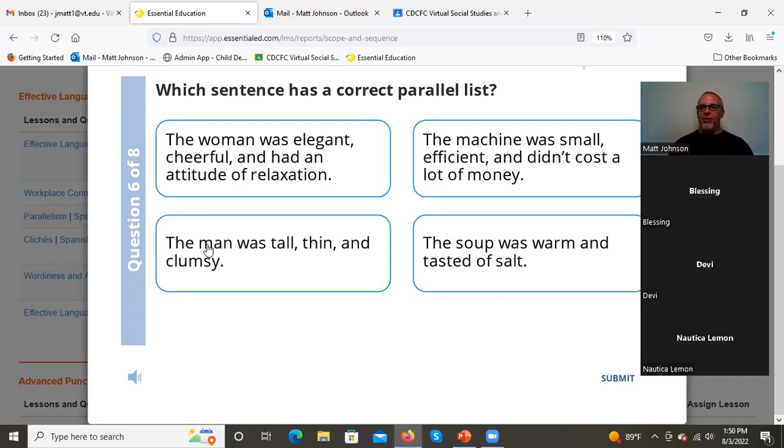Again, we're using a whole phrase when one word will do, like an adjective. The machine was small, efficient, and inexpensive, right? Parallelism, just a single word. So we're matching everything in that list. "The soup was warm and tasted of salt." Well, warm is an adjective, right? So we just say the soup was warm and salty. That'll work. So here, the man was tall, thin, and clumsy. That is our correct answer.